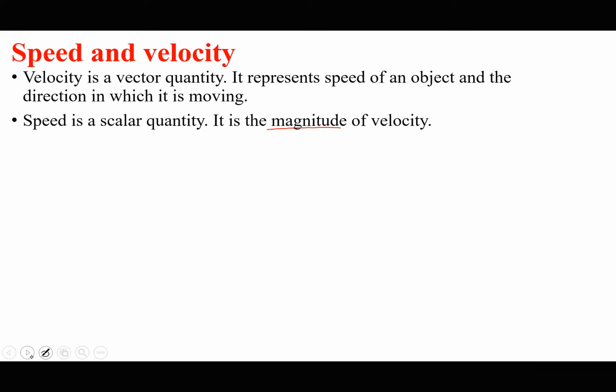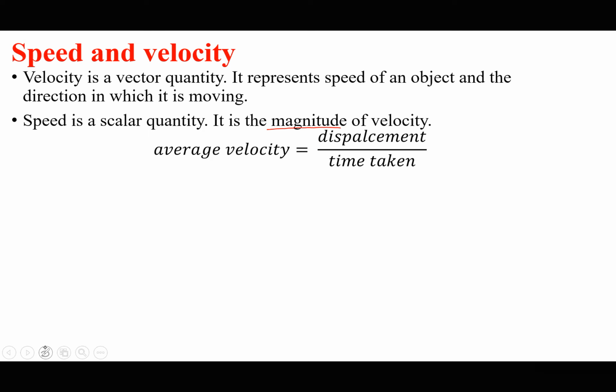So the average velocity is the displacement divided by the time taken. Now note the difference between speed and velocity. When we were calculating the average speed, it was the total distance over total time taken. Then for the average velocity, it is going to be displacement divided by the time taken.